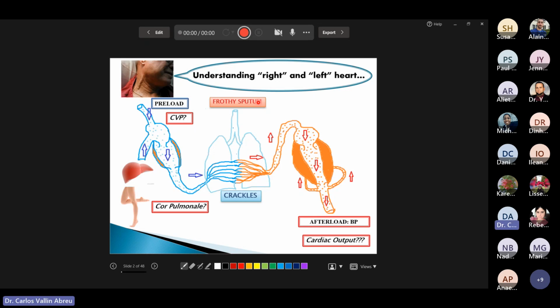The other consequence of having a failure of the left pump to move the blood forward is that some volume of blood that should be pumped forward with oxygen to the organs is failing to be sent to those organs.